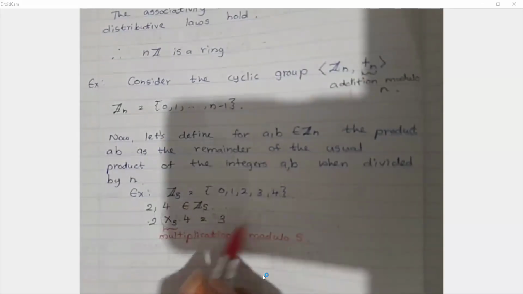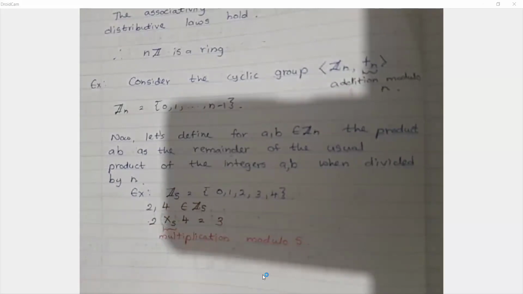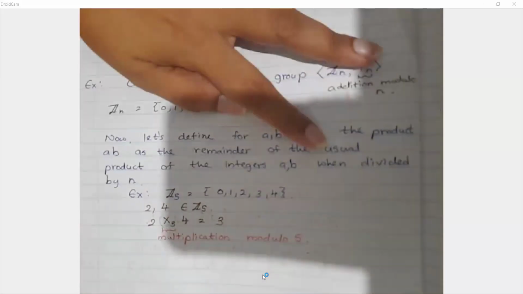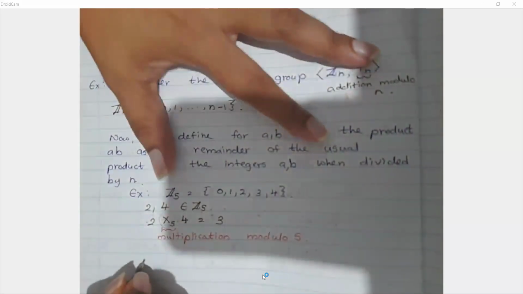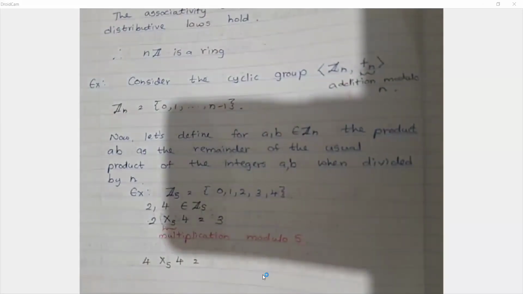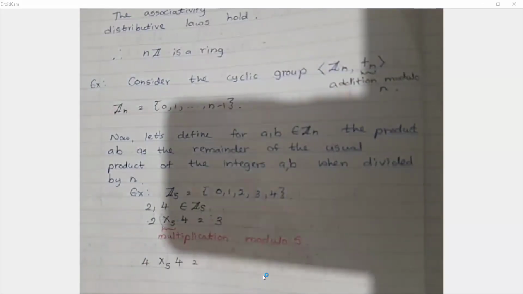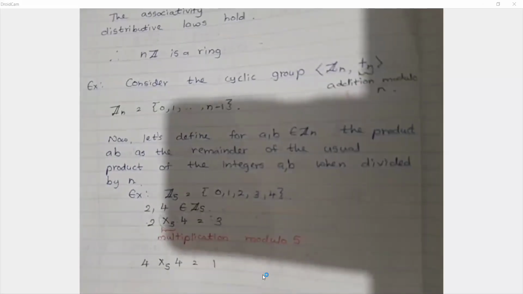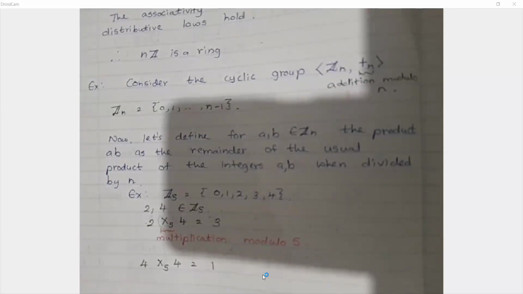So multiplication modulo 5, you have 3, which is an element in here. Right, we understand how it is done. Let's do one more example. 4 times 4, multiplication modulo 5. 4 times 4 is 16. Divide by 5, take the remainder. You have 1.